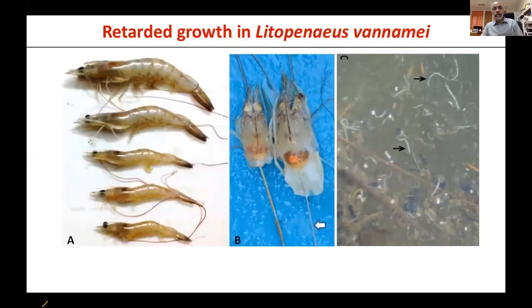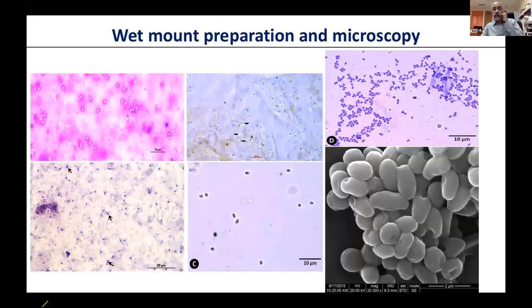You can see here the slow growing animal, the almost normal growing animal and the retarded animal. We also found white feces or a white gut in the infected animal, and white feces floating around the aquaculture farms. We did a detailed investigation on this case, and we found a very prominent infection with EHP.